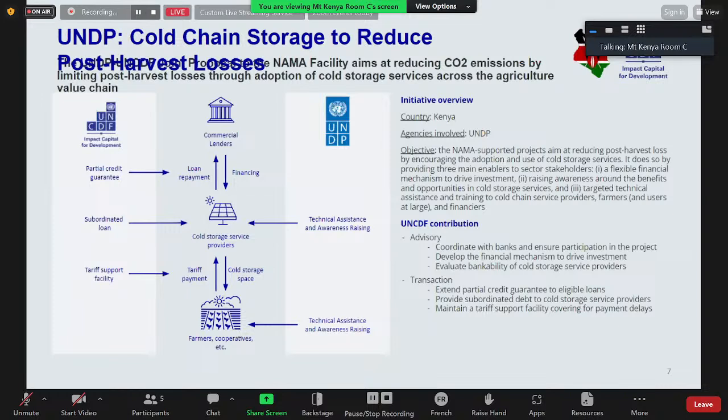The tariff support facility is designed to support farmers so they can use the space from a financial point of view. It decreases gradually till a certain level where the farmer sees the benefit of using proper storage facilities, the economic benefit, not only the overall benefit. So it is self-sustainable. We are expecting to start implementing this by Q1 2024.